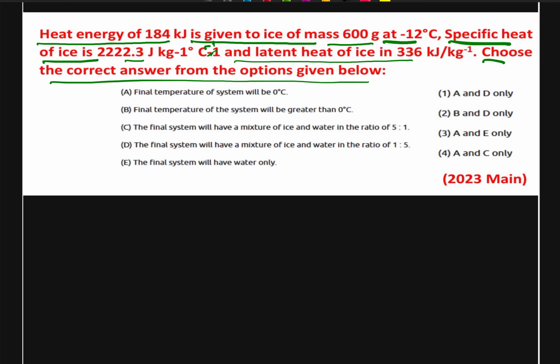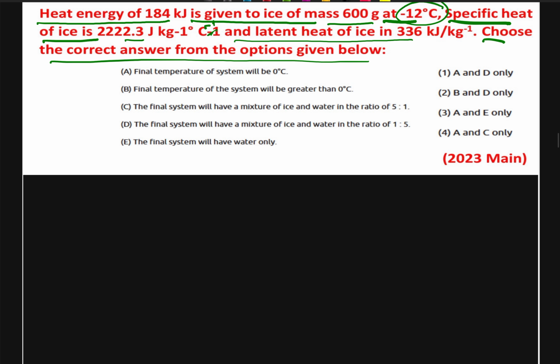So first of all, the ice temperature will be raised from minus 12 degree centigrade to 0 degree centigrade, and then at 0 degree centigrade it is going to melt. Okay, so this is the basic process of our ice melting.